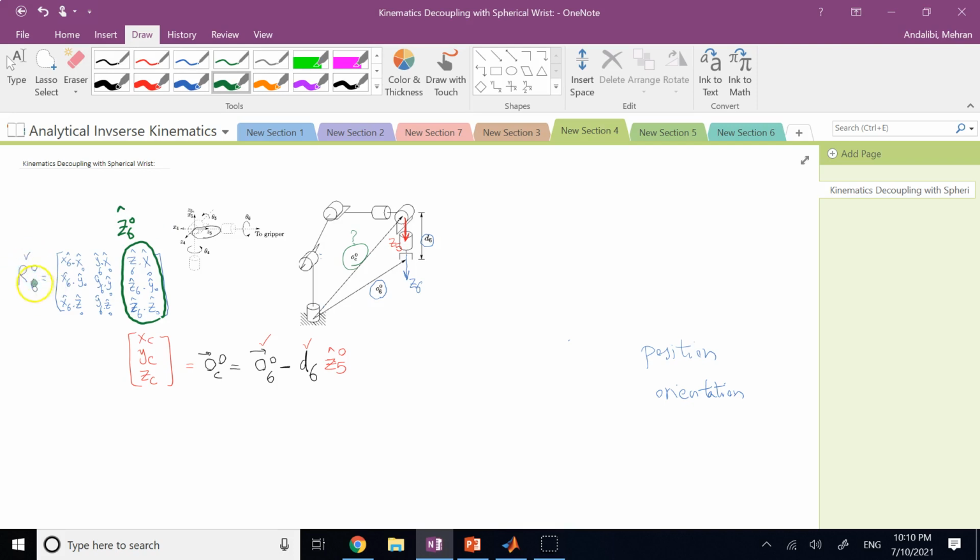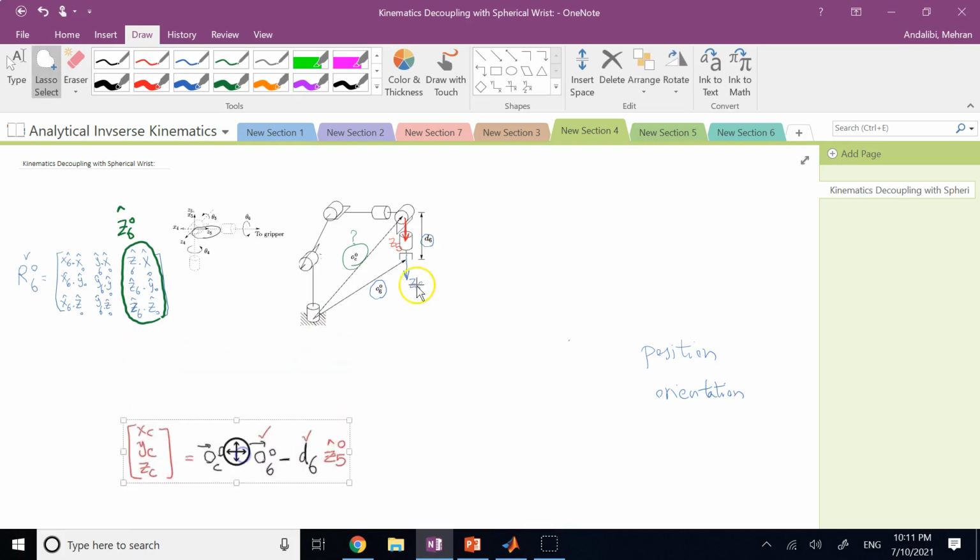The last column of this R matrix is all that I need. That will be basically Z5 or Z6. Here, the Z6 and Z5, as I said, are the same thing. So here, instead of Z5, I can also use Z6, right?